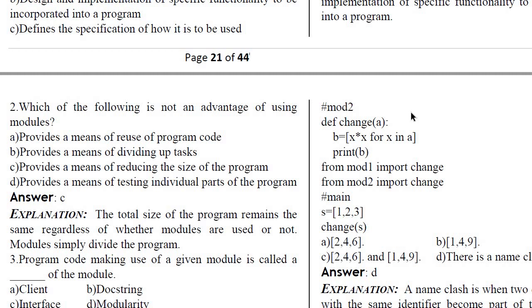Fine. So what will be the output? Here you are seeing that change is the same name. A name clash is when two different entities with the same identifier become part of the same scope. Since both modules have the same function name, there would be a name clash.